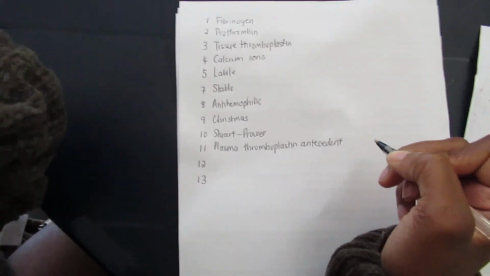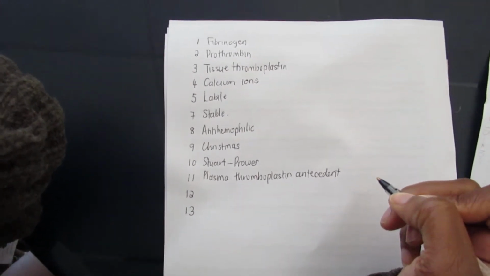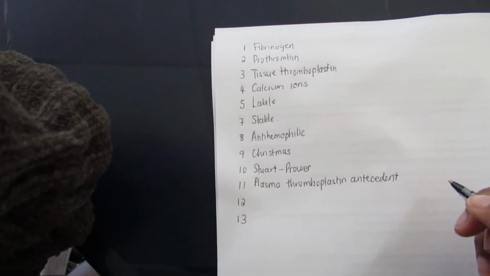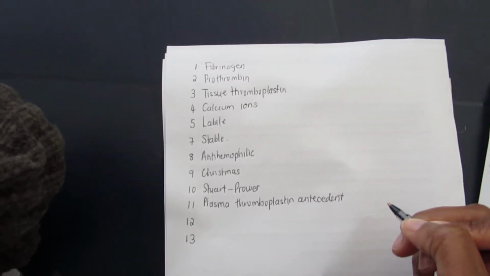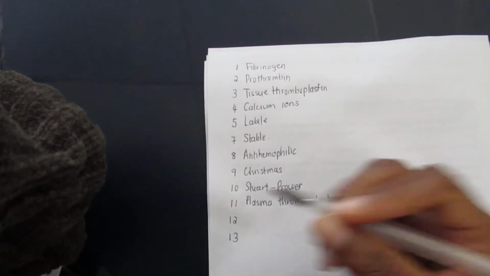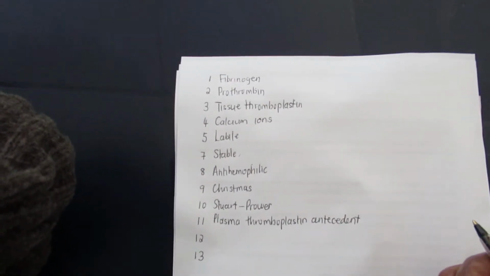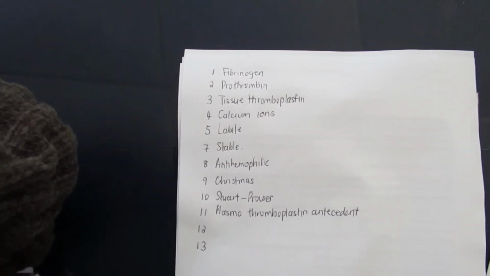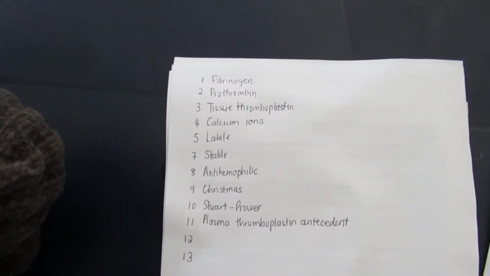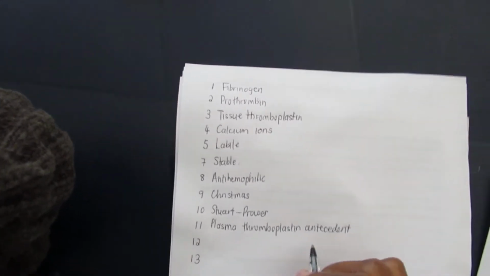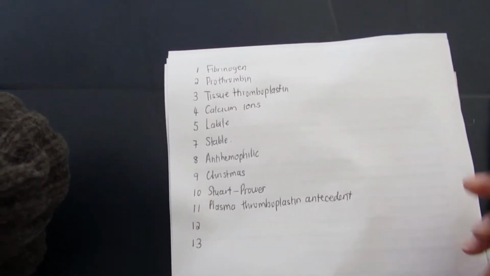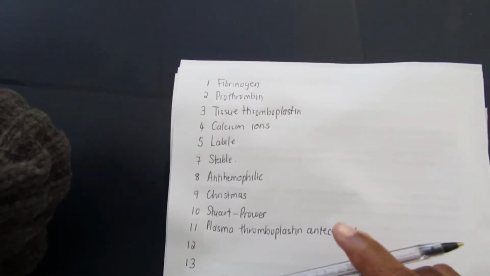It actually is what it's called. Oh, I was wondering what that is. That's my arm in the green. Okay, let's not get distracted. But plasma thromboplastin antecedent is actually supposed to be there. It's not an accident.